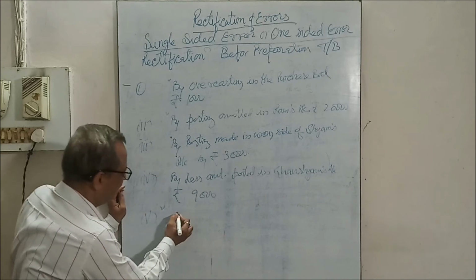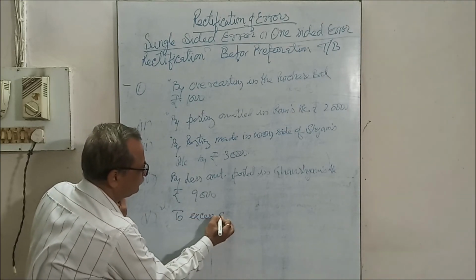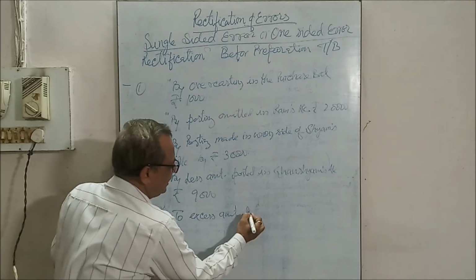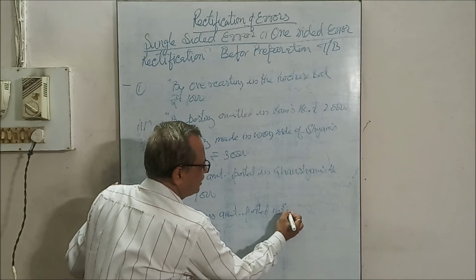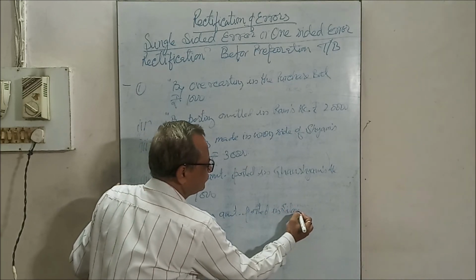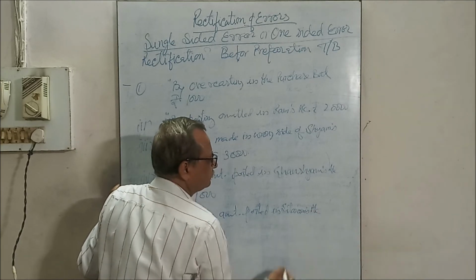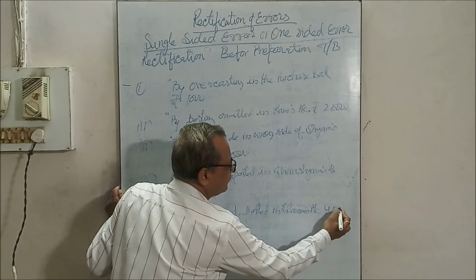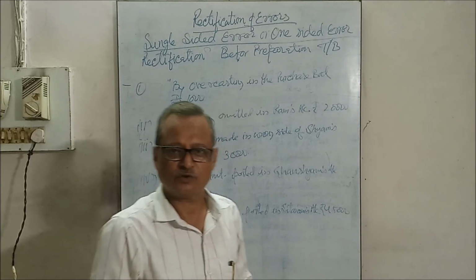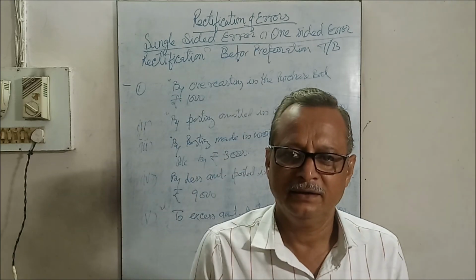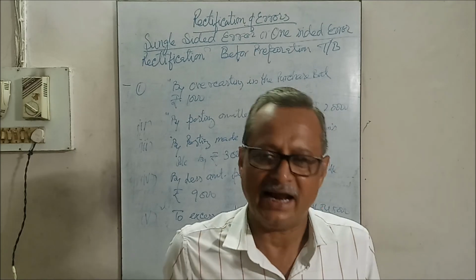So here we will write to excess amount posted in Sitaram's account, 45,000. In place of 5,000, it was written as 50,000. 45,000. This is the rectification of single-sided error before preparation of trial balance.